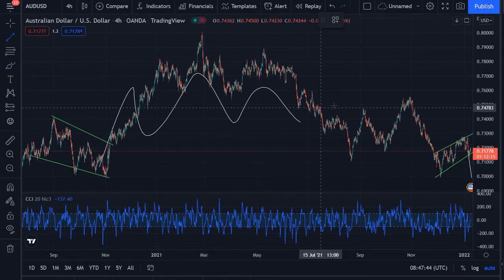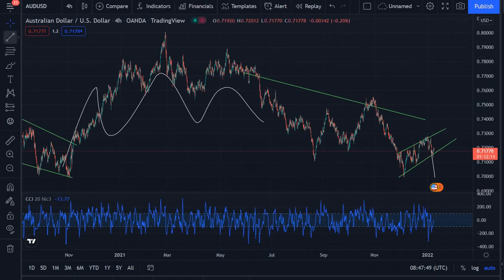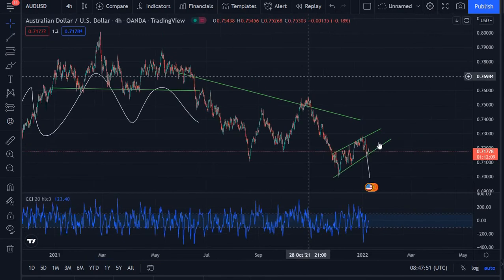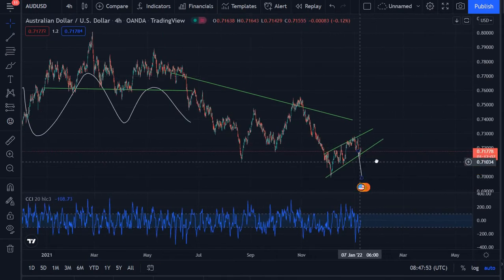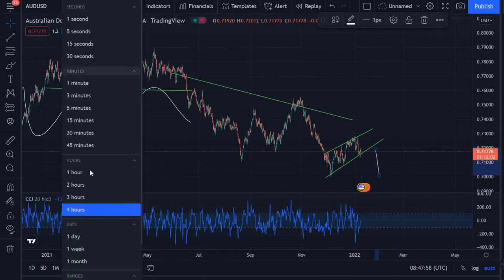Since after we broke this zone, the trend has been bearish. So pretty much the trend is still bearish, but here in this flag for now.